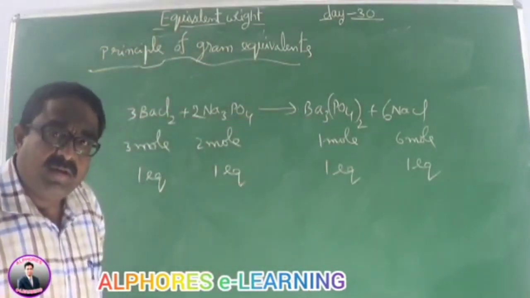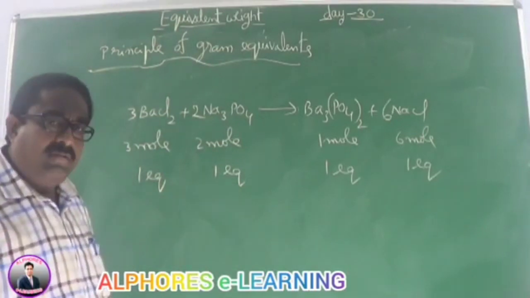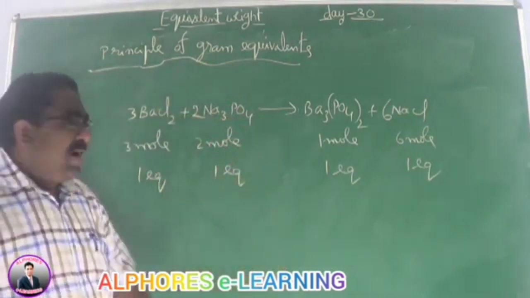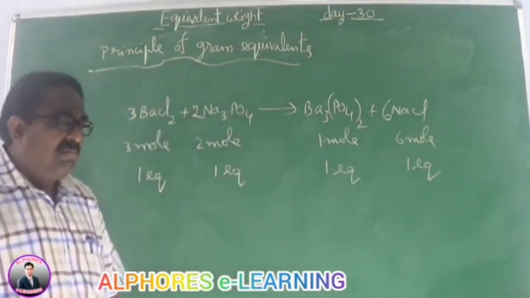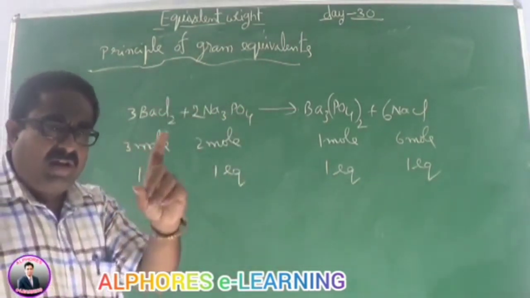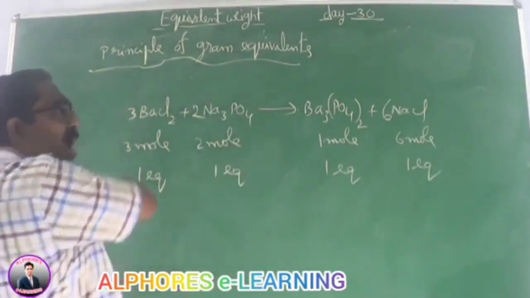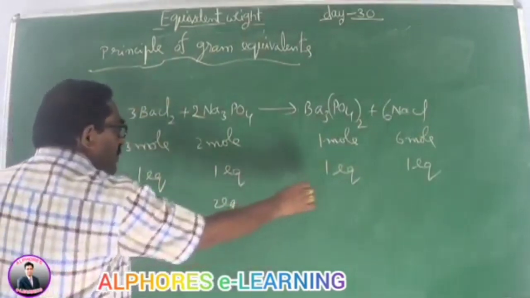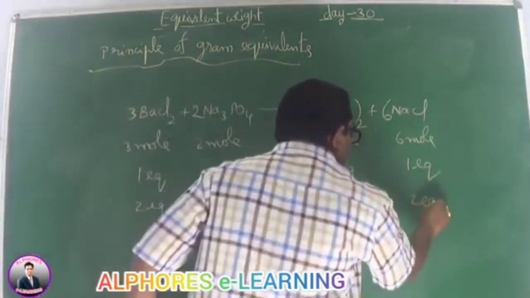It means our final conclusion is that the number of moles may be different for different components present in a given chemical reaction, but the number of equivalents for all the components are always the same. If you start with two equivalents, it combines with two equivalents, and forms two equivalents and two equivalents.